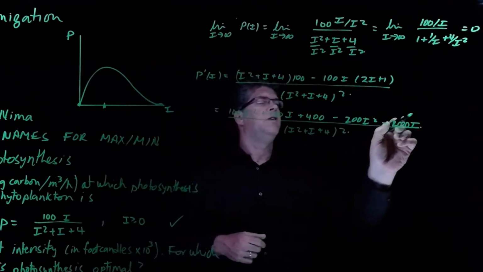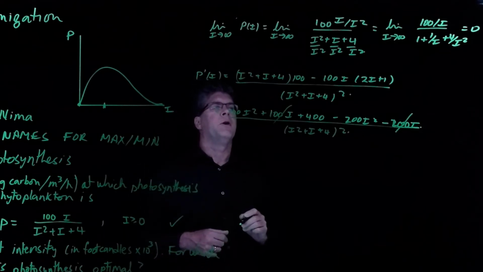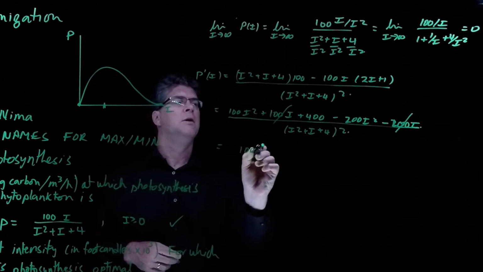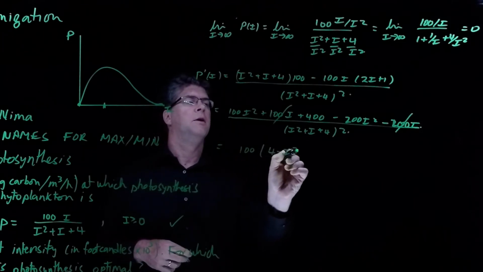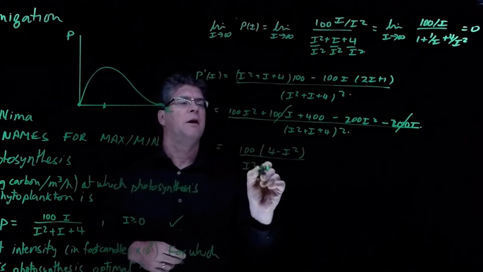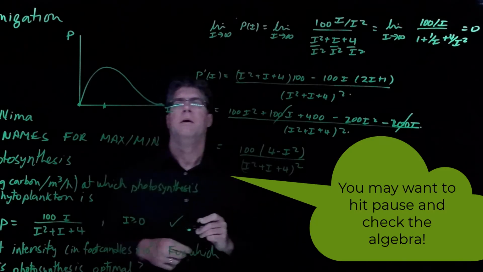And you'll notice that these two terms cancel, and then we're going to have that this is equal to 400 minus 100I squared over I squared plus I plus 4, all squared.